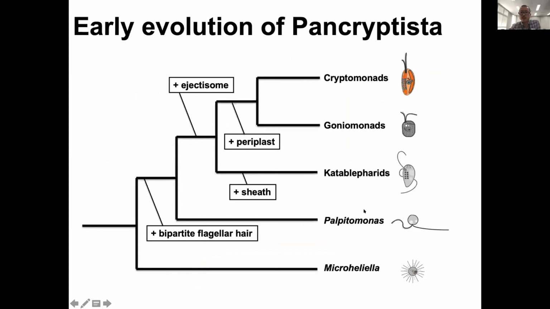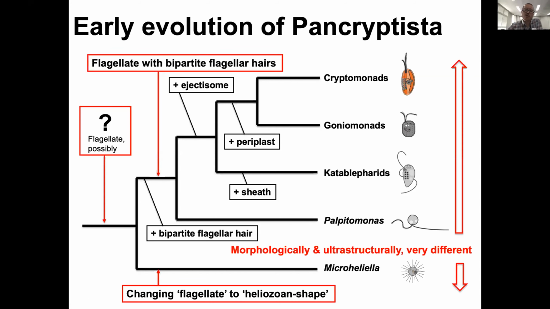So what can we discuss based on this new finding? I seriously think, unfortunately, almost nothing, because MH is morphologically and ultrastructurally very different from other Pan-Cryptista members. MH is just an eccentric Pan-Cryptista member, so it's not a flagellate heliozoan shape.